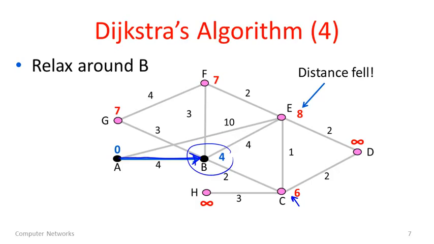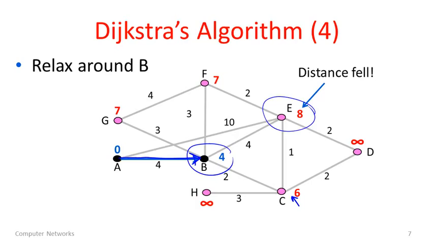C's cost used to be infinity, but C is a link of cost 2 away from B at cost 4, so C can go down to cost 6. It got lowered. E is a link of cost 4 away from B, so that can be reached at 8. E's cost before used to be 10, so E has now been lowered to cost 8.